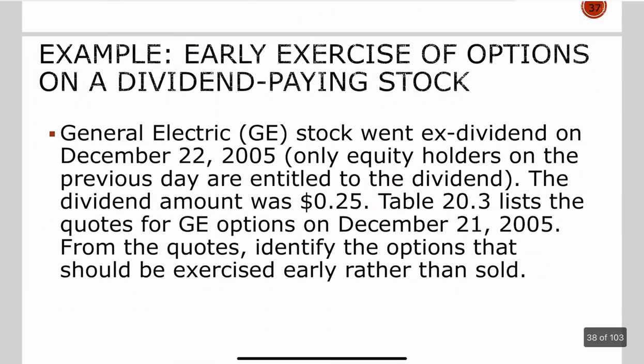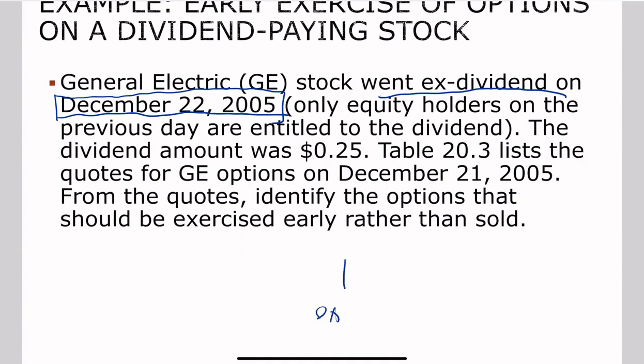Now let's look at a very simple example. So let's say General Electric went ex-dividend on December 22, 2005. Oh, maybe you have not learned about ex-dividend if you have not taken corporate finance. So basically this December 22, 2005 is the ex-dividend day.